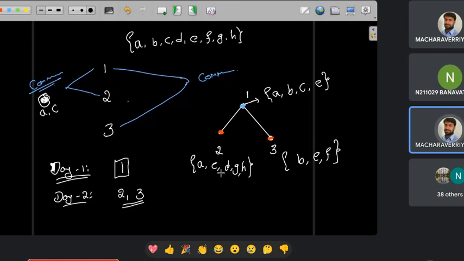Okay, so now courses 2 and 3 do not have common students, therefore the exam can be conducted at once. Do you understand? So you can see that no student is common here and here.